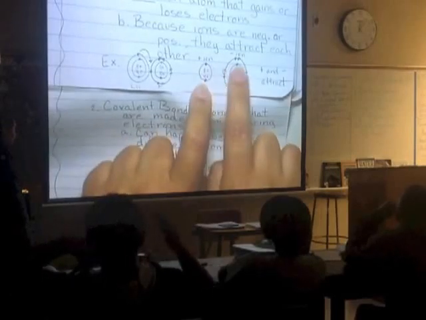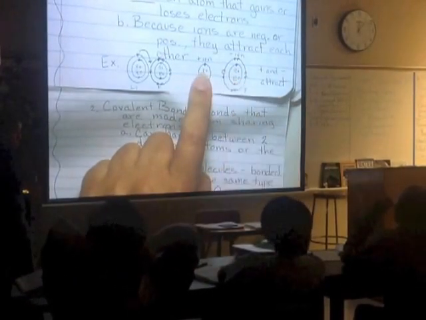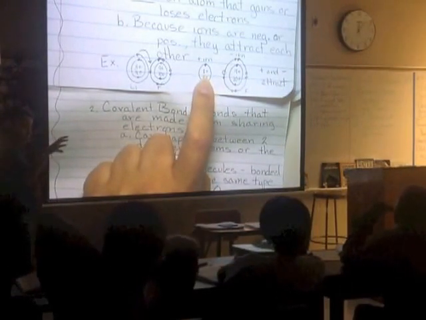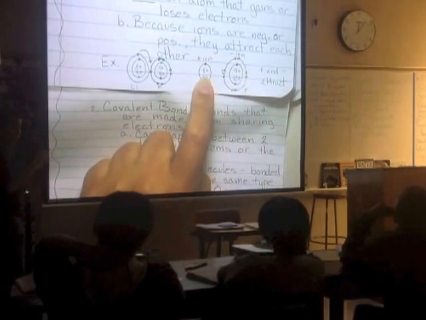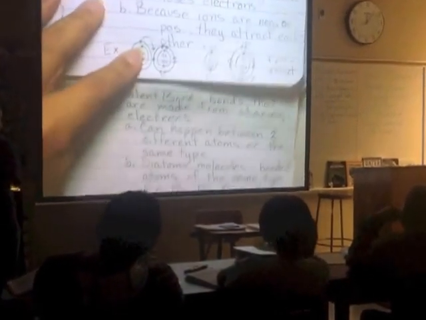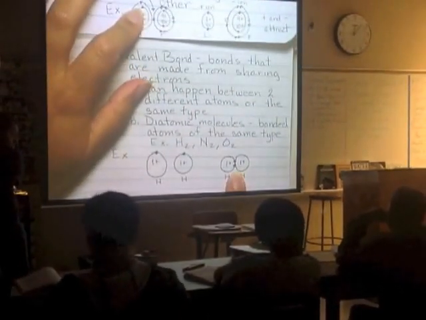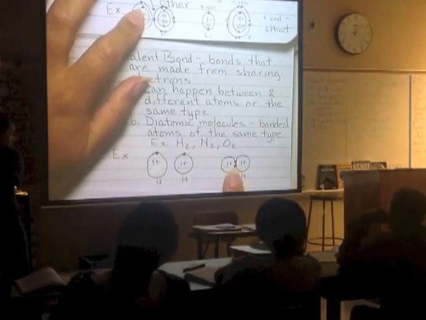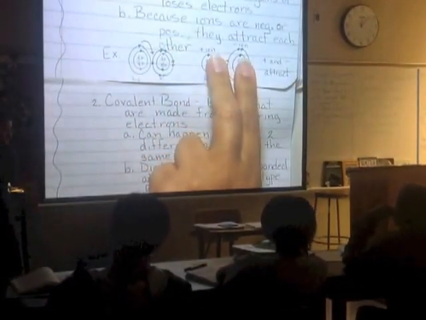The electron that is getting over here, it's not going to be over here anymore because it gave it away. So the electrons aren't the ones that are attached. Here, they're attaching because of positive to negative. So these are attached because of electrons being shared. These are attached because positive and negative attract each other.